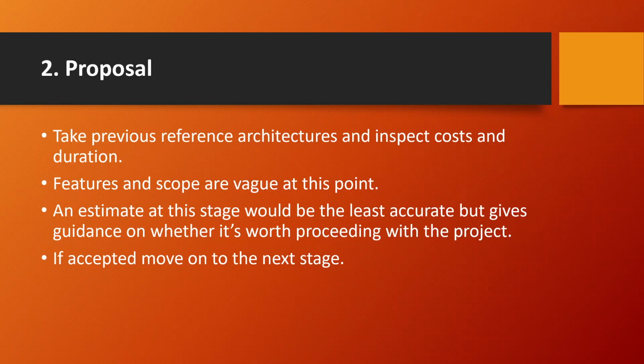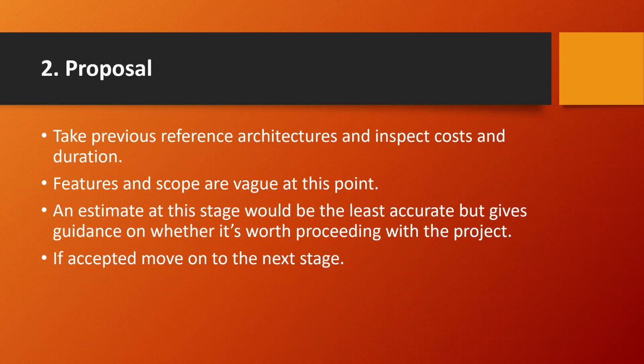And that's the main focus that we are trying to do in this proposal stage. We are obviously taking previous reference architectures and inspecting costs and duration. That's exactly what I did here. I tried to go back to some older examples of similar companies that built a similar AWS solution, and then I tried to build upon that with my assumptions.